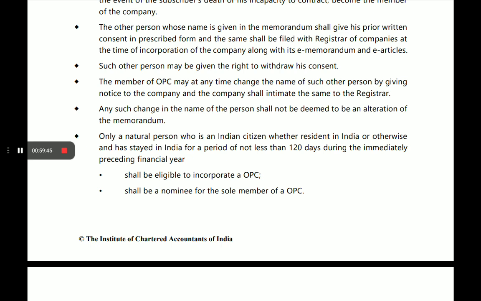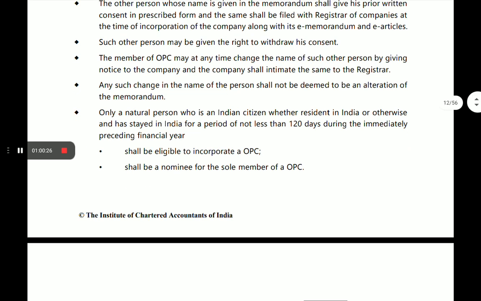Only a natural person who is an Indian citizen, whether resident in India or otherwise, and has stayed in India for a period of not less than 120 days during the immediately preceding financial year, shall be eligible to incorporate an OPC or be a nominee for the sole member of an OPC.